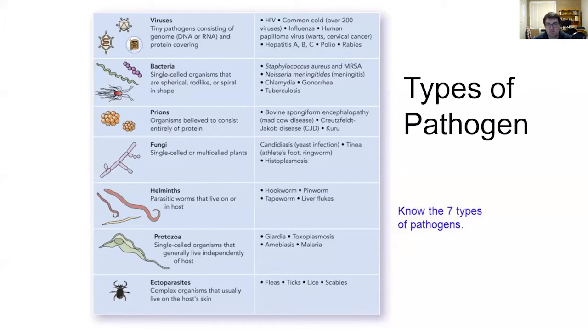We have prions, which might be a new one to some people. This is very similar to viruses. They're not a cellular pathogen; they can be viewed as being an infectious protein.